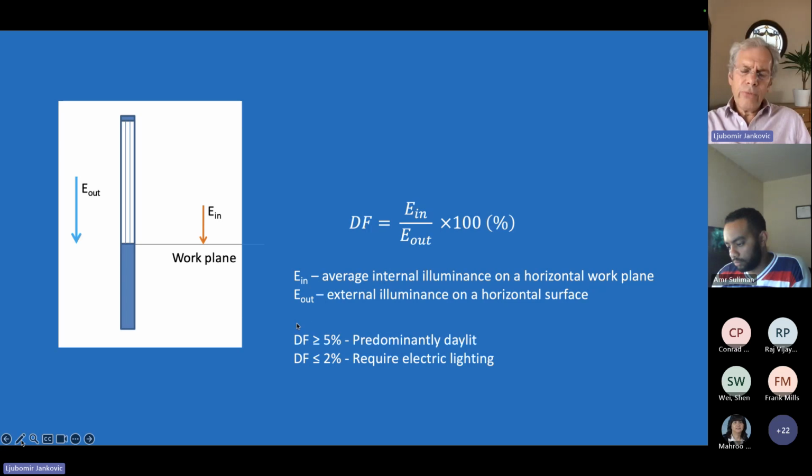The spaces that have daylight factors of 5 and above are predominantly daylit, but spaces with daylight factor of less than 2 require electric lighting.